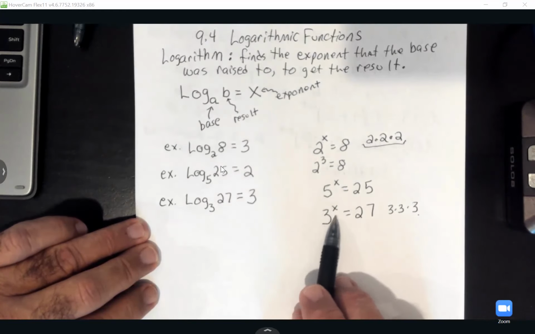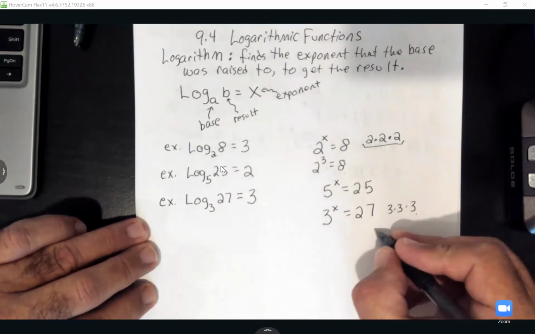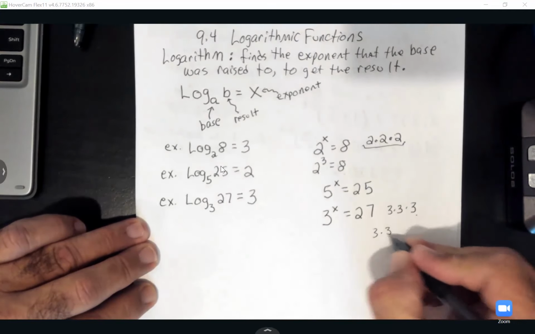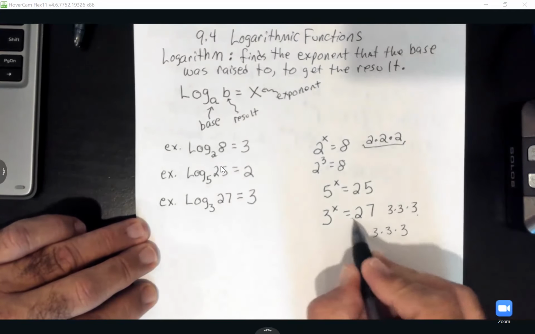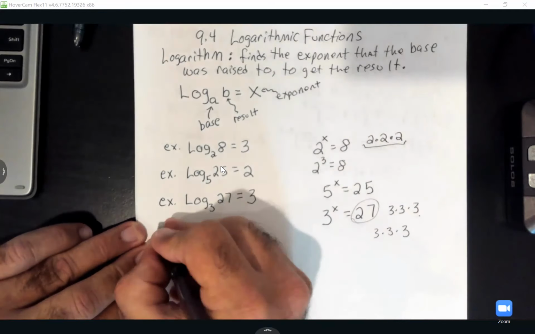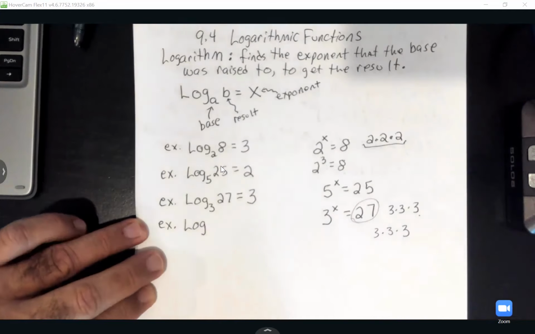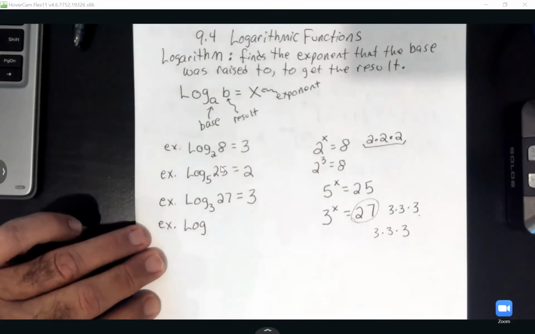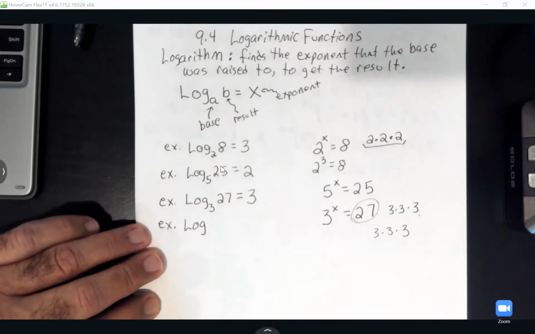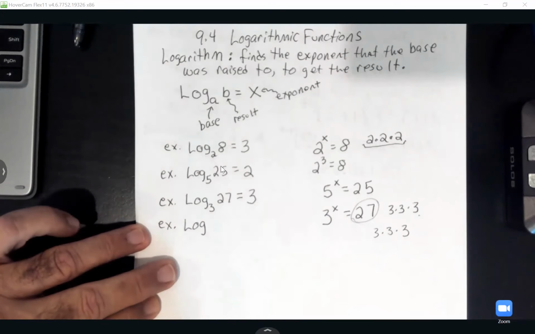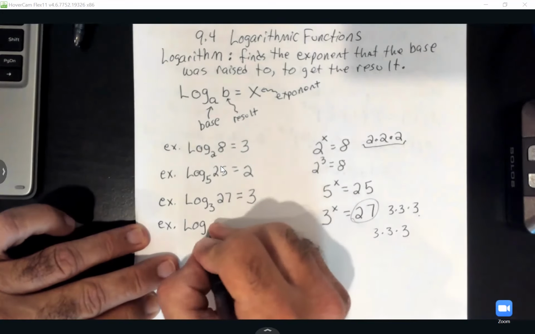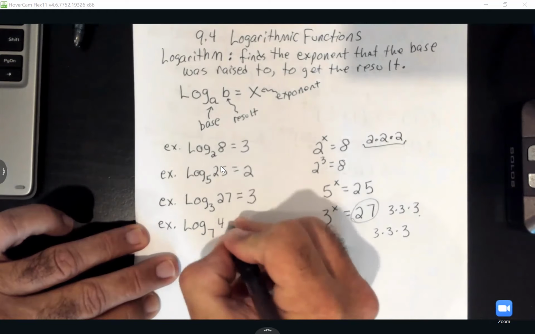So you always want to start with the base and just start multiplying it out until you can get that result, okay? All right, one more to get y'all good. What if I had a log base 7 of 49?